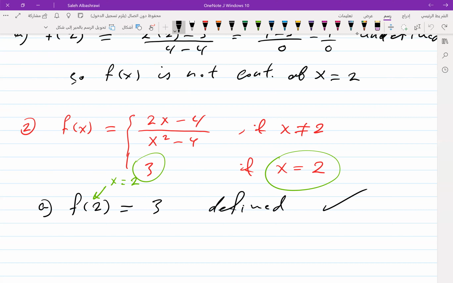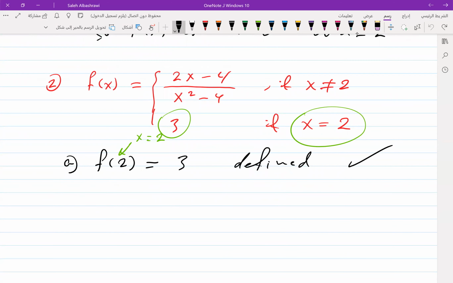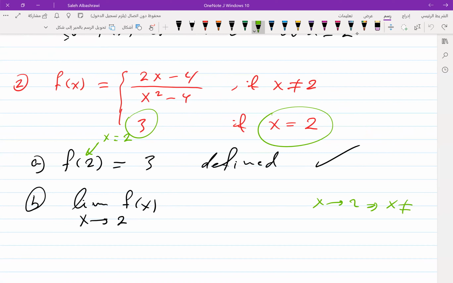Now let me check the second condition. The limit, does it exist or not? So the second condition, which is B, limit of f of x as x goes to 2. And we said before that x goes to 2 means x is not equal to 2.